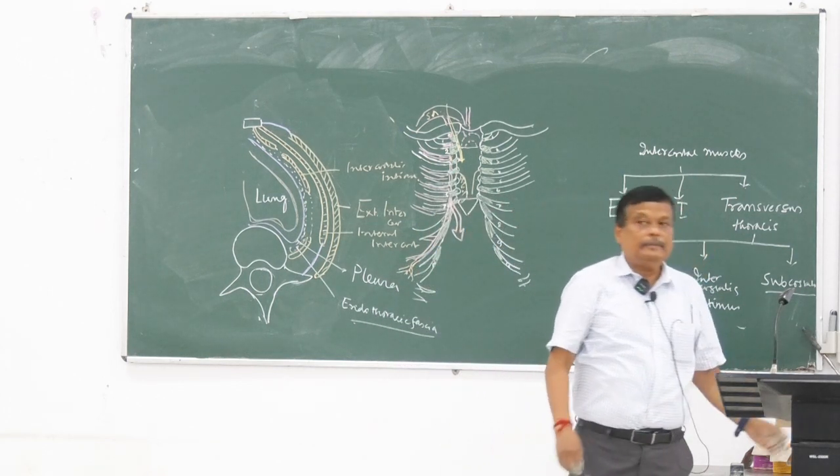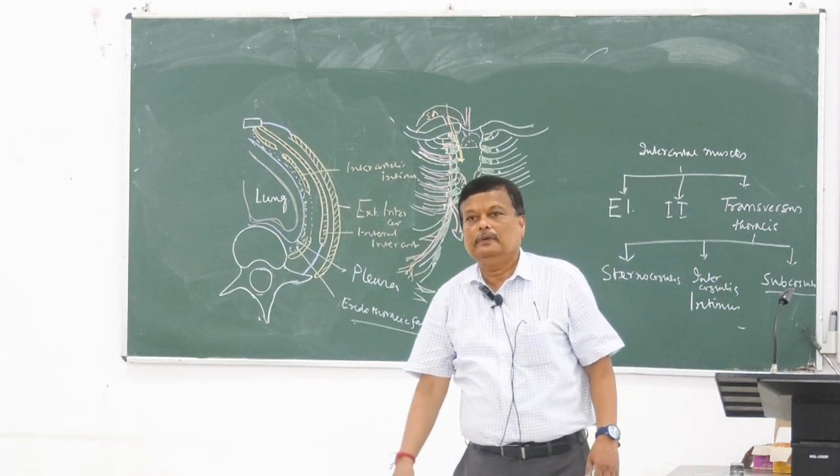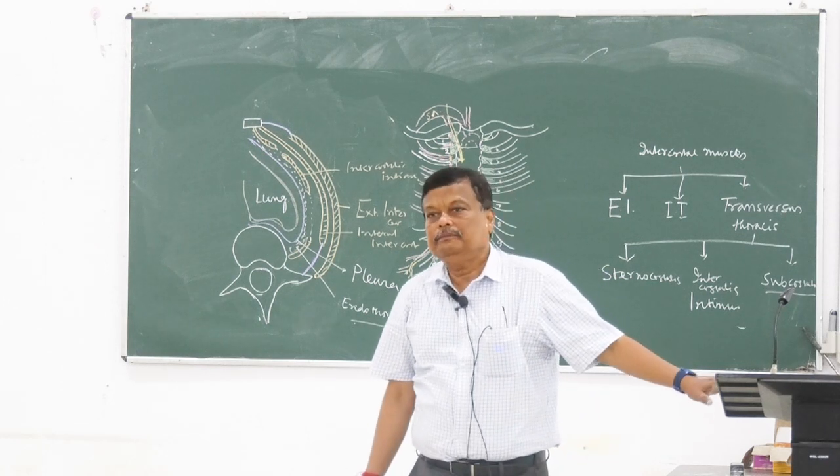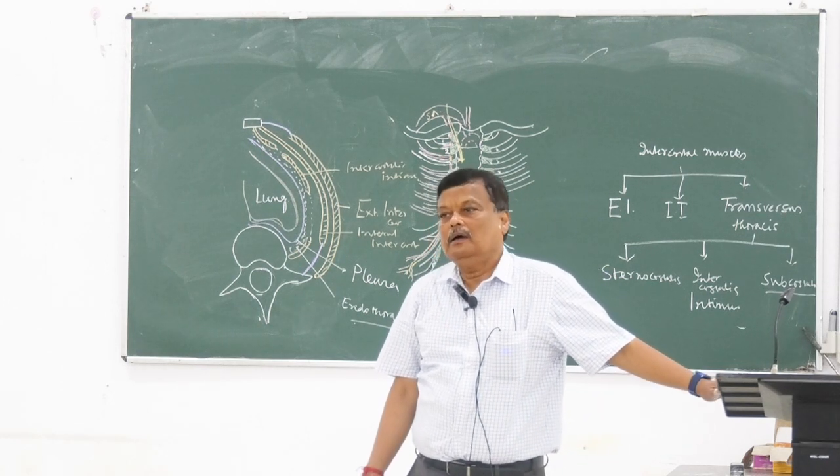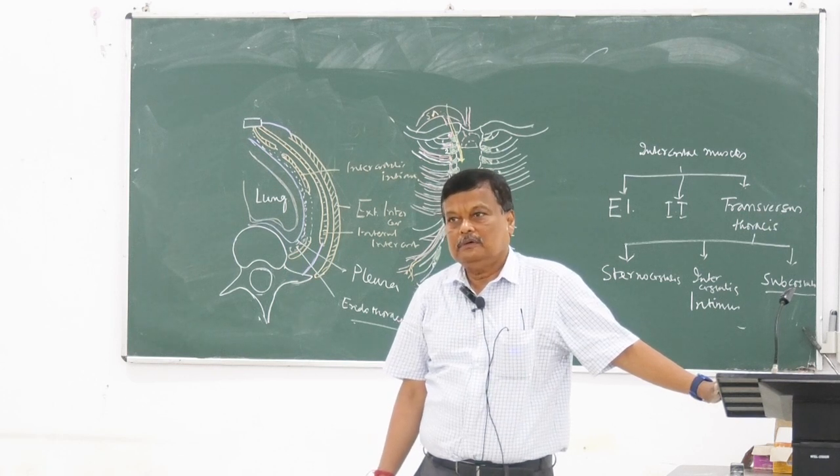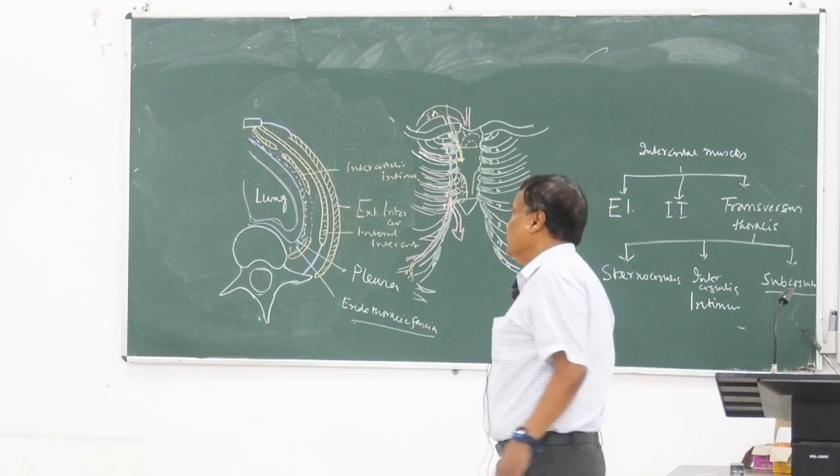এরপরে হচ্ছে আমি বলেছিলাম ইন্টারকস্টাল নার্ভ। It is the ventral rami of the thoracic nerves, T1 to T11.